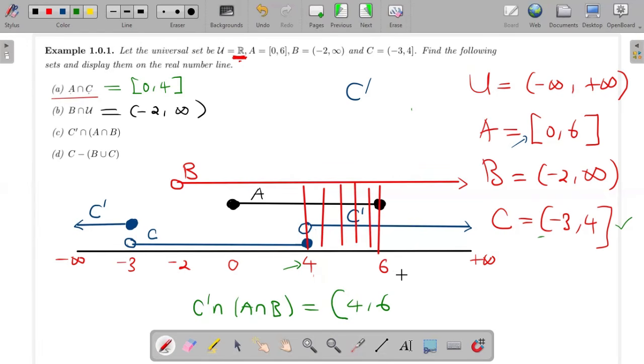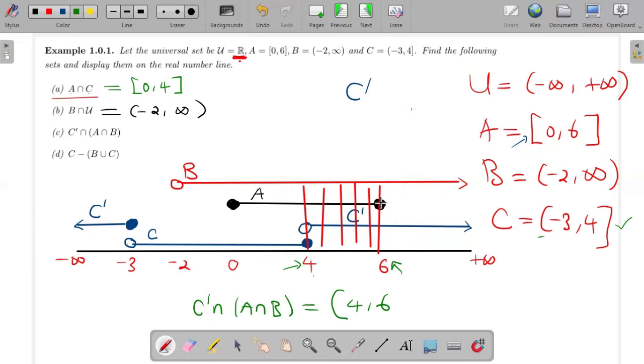And then we look at the other endpoint again. This 6, is it in the C complement? Yes, because this blue line of the C complement has a solid line passing at 6. Is it in A? Yes, because there's this shaded part here in black.